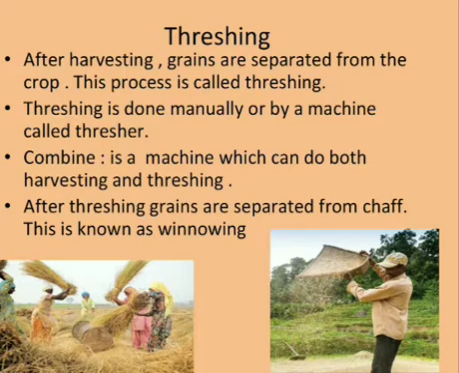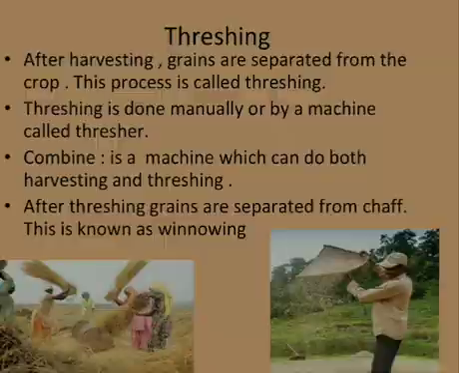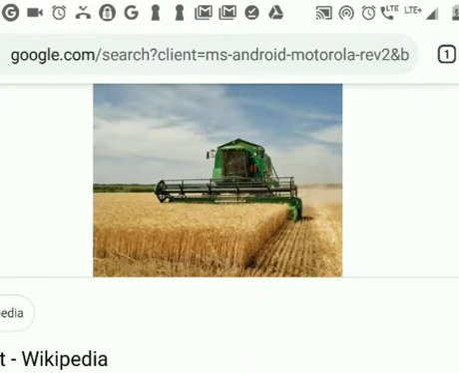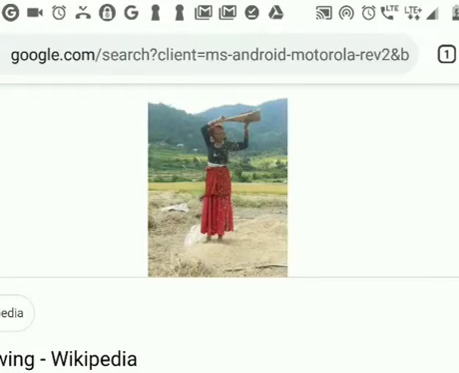This process is called threshing. Threshing is done manually or by machines called threshers. Combine is a machine which can do both harvesting and threshing. This is an image of a combine which does both threshing and cutting together.